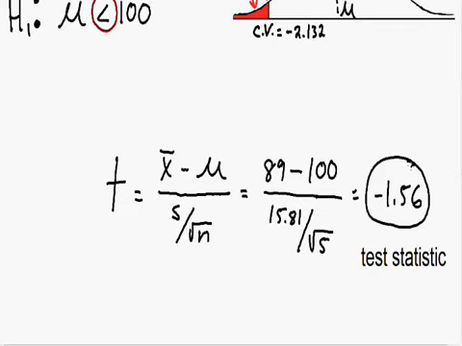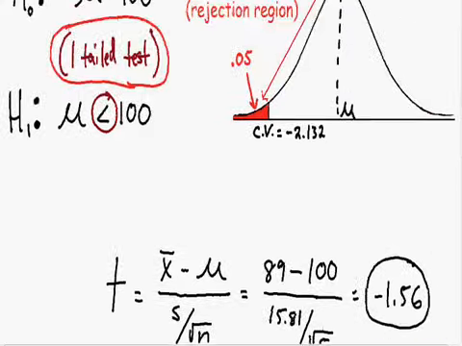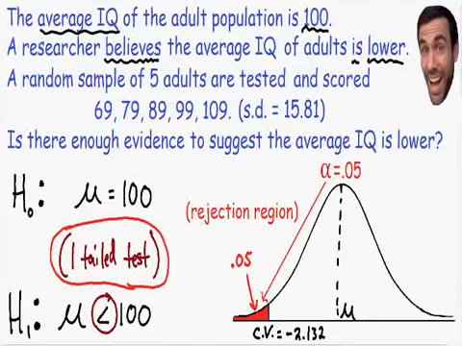So how do we use this value to draw a conclusion to this problem? That's our last step. We need to draw a conclusion to the problem. If we go back to our curve, this value of negative 1.56, where does it lie on this curve? We know that this critical value is negative 2.132, and we know this average, which is directly in the middle, has a value of 0.